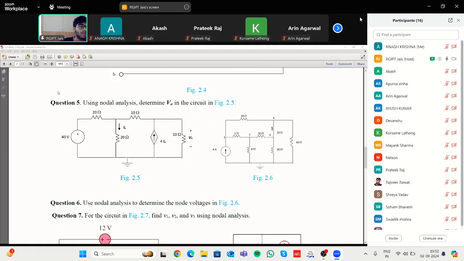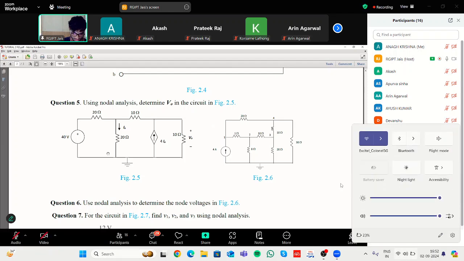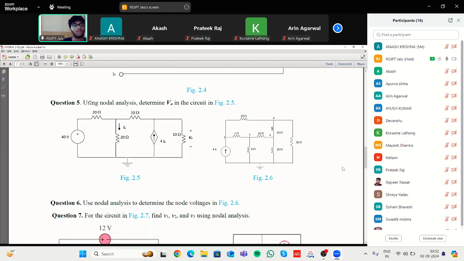Five. Okay, Raju. N equals 20. Let's check. What about V2, V3, and V4?